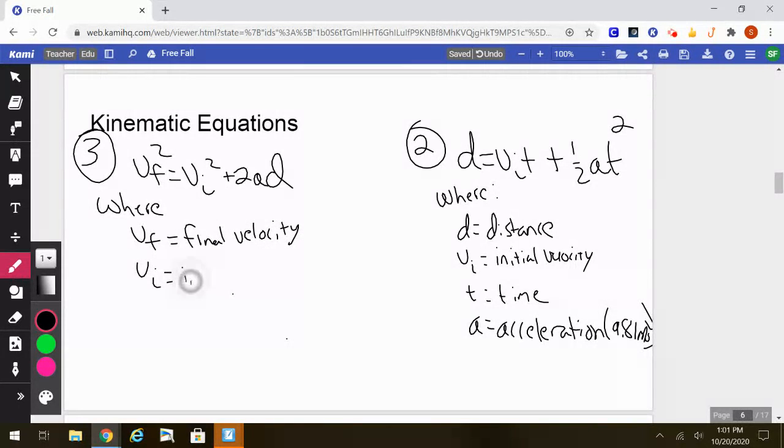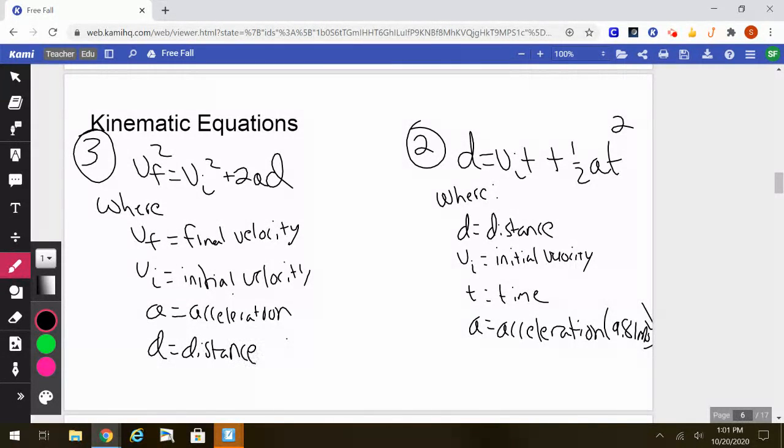VI is your initial velocity. A is acceleration. And D is your distance. So that's your 3 equations. It's very important to understand and know.